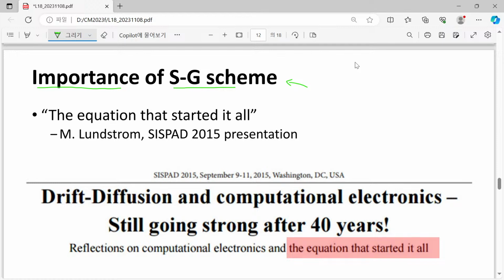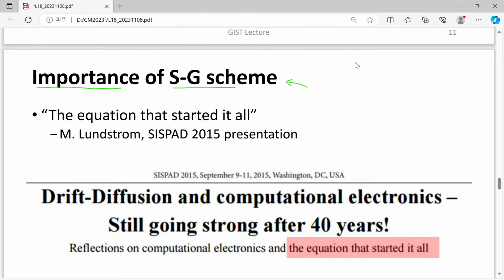So we are now approaching the highlight of this entire semester. Learning this Scharfetter-Gummel scheme and implementing it into your own code is the single most important task you have to do in this semester.